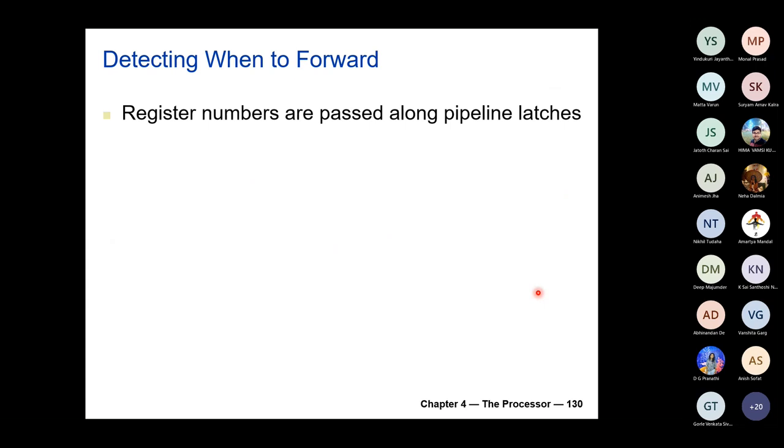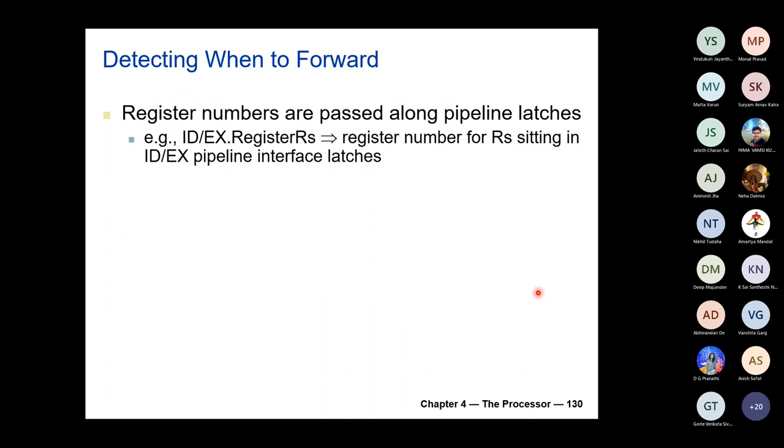The question is how to detect when to forward. We know that these register numbers are passed along the pipeline latches, right? So we use this symbol. It means that you are at the interface between the ID and EX stage, that is, following ID and before execute.